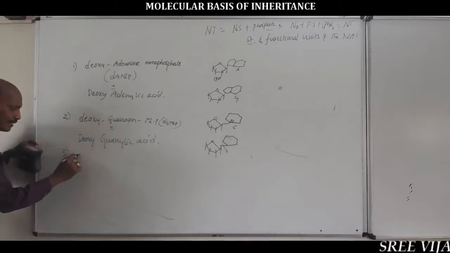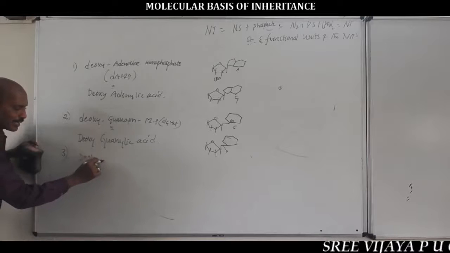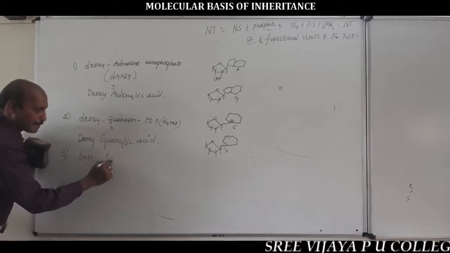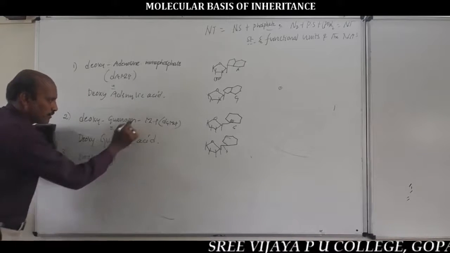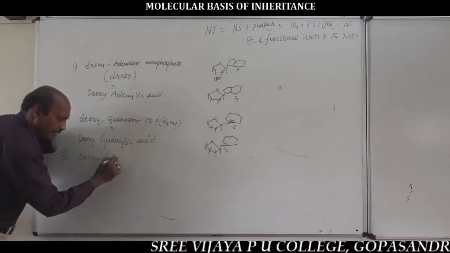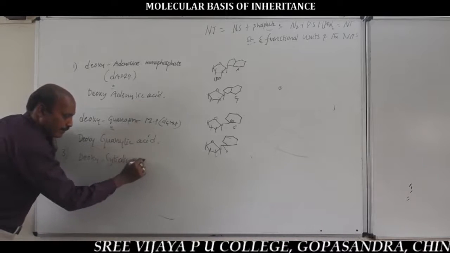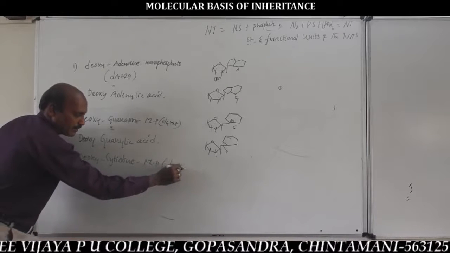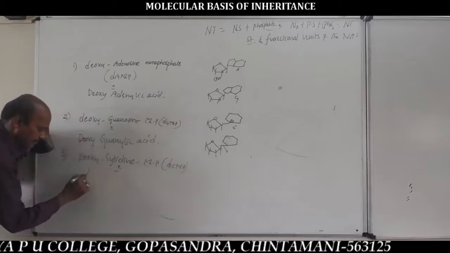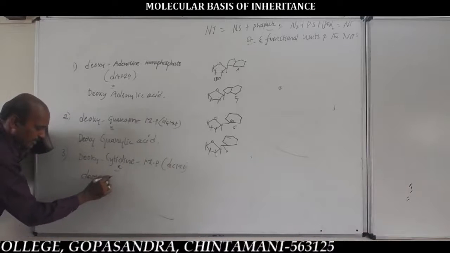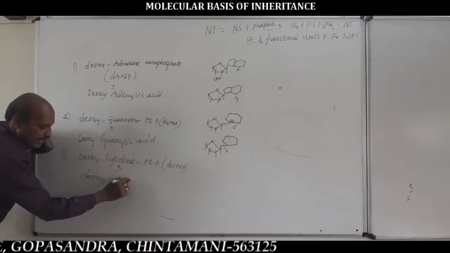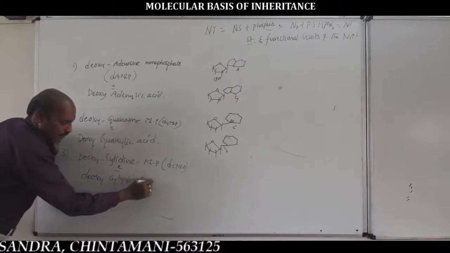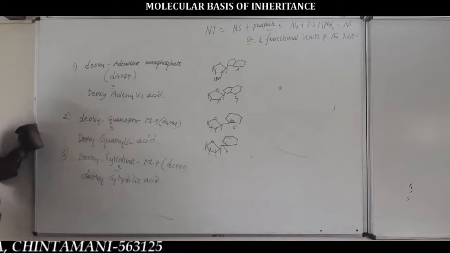And the next one is deoxycytidine monophosphate, DCMP, or deoxycytidylic acid.